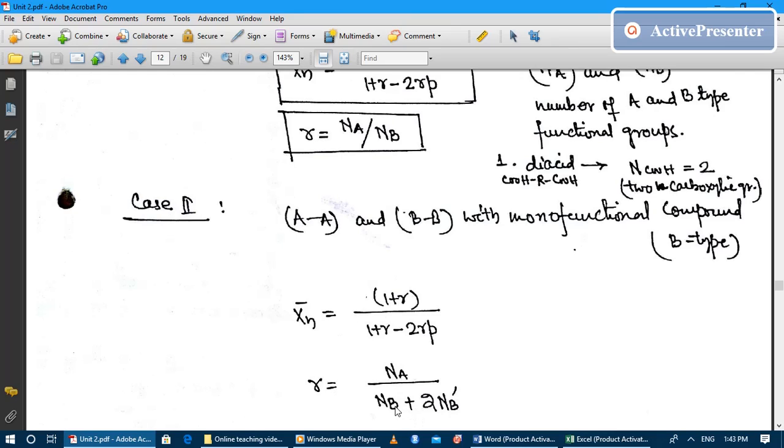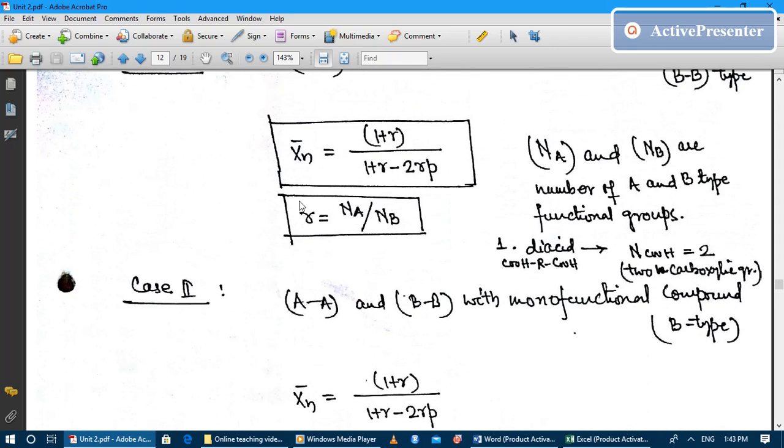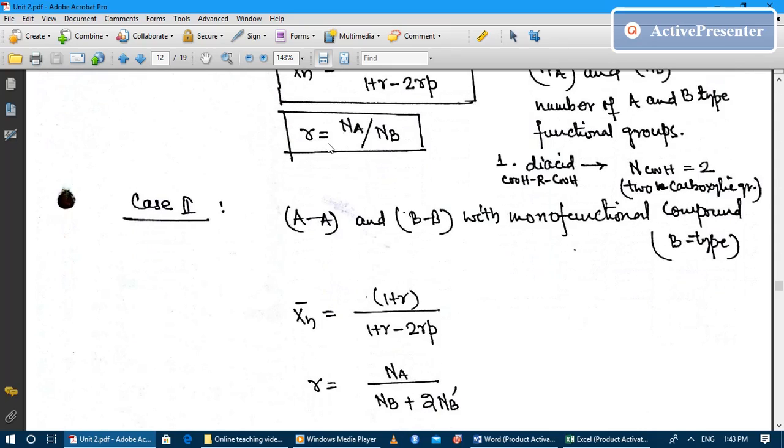That means Nb is the number of B type functional groups coming from the monomer, and Nb' is the number of functional groups coming from the monofunctional compound. So the formula of Xn bar is the same, just the formula of the ratio R is different.